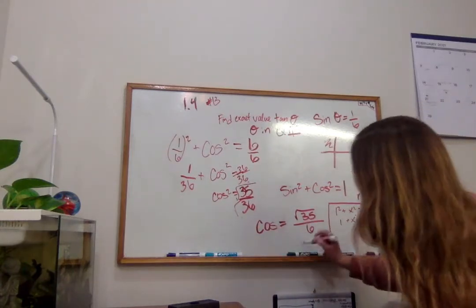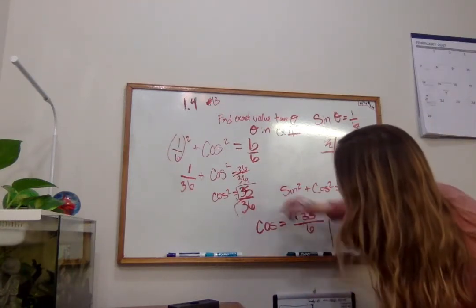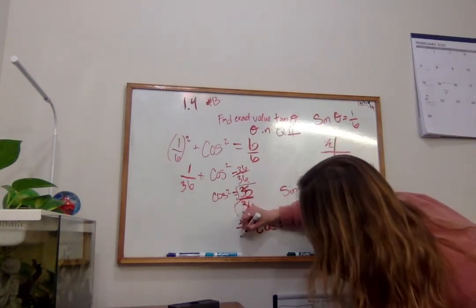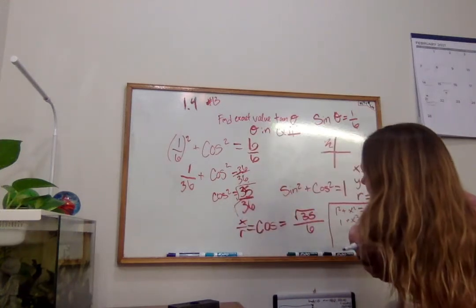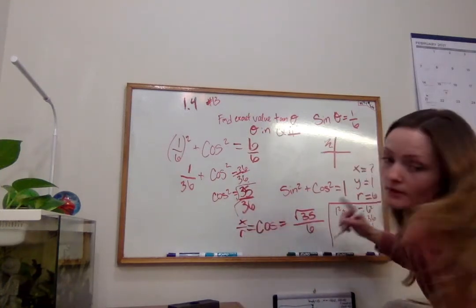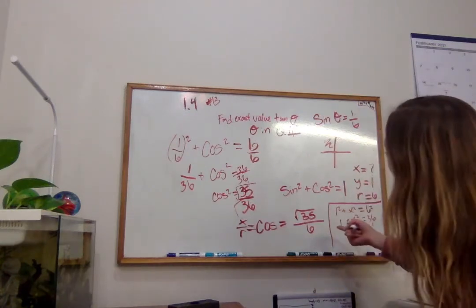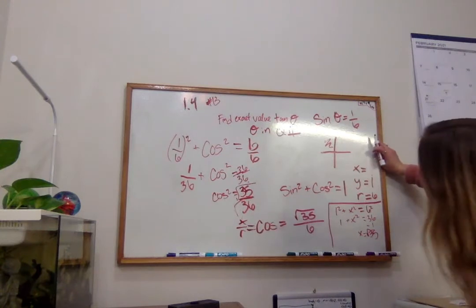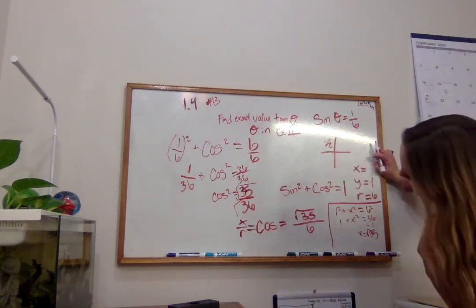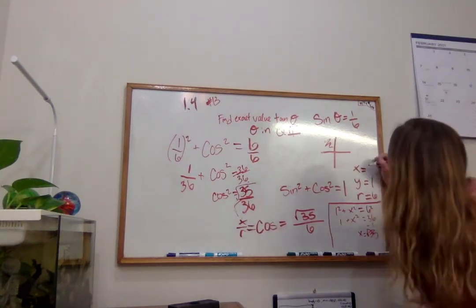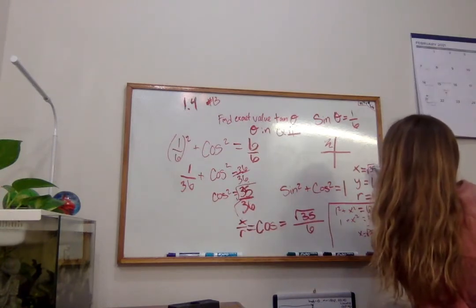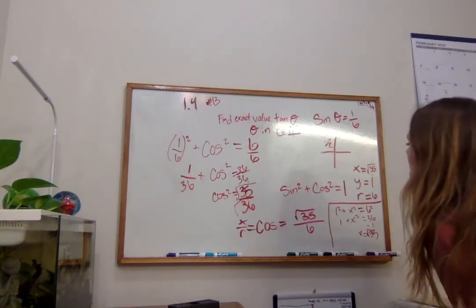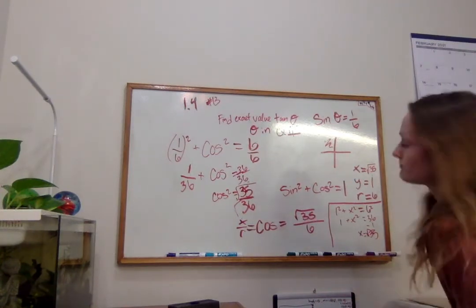So with cosine, our value is x over r, and when we look at that, we have the square root of 35 equals x, and we have r at 6. Okay. That makes me feel good.